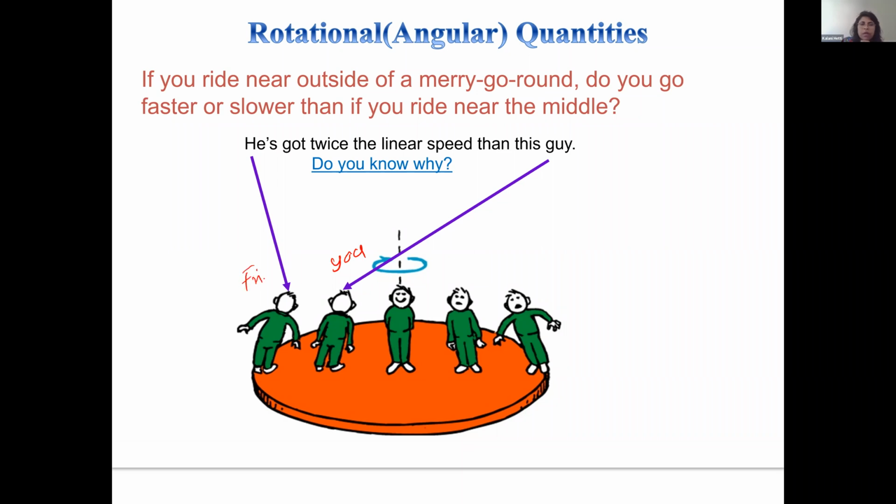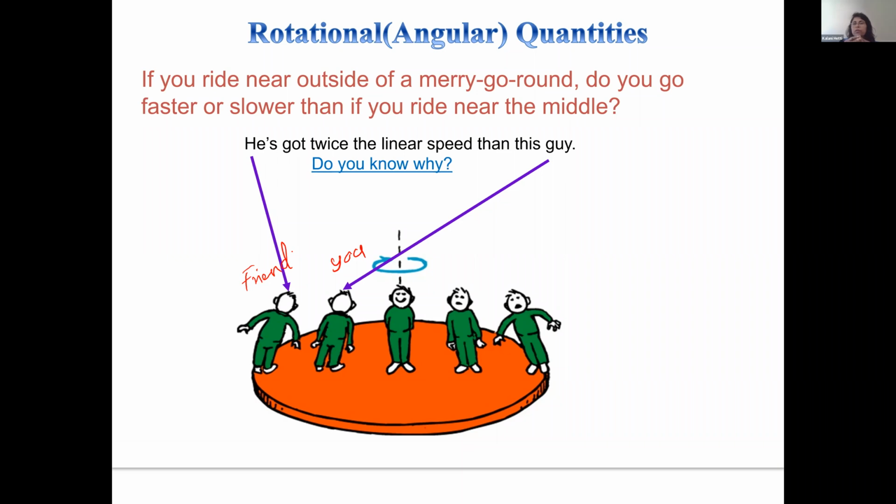So you two plan to sit in different places on the merry-go-round, right? So now when you ride the merry-go-round, your friend and you will feel the moving of yourself is different, right? So that moving that you feel, faster or slower, is basically where you sit on the merry-go-round, right?